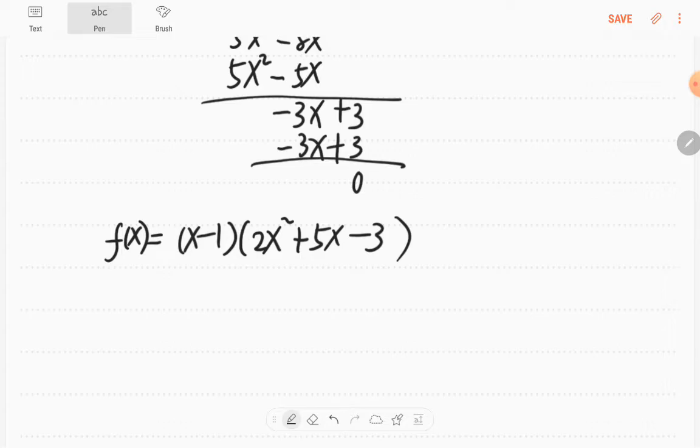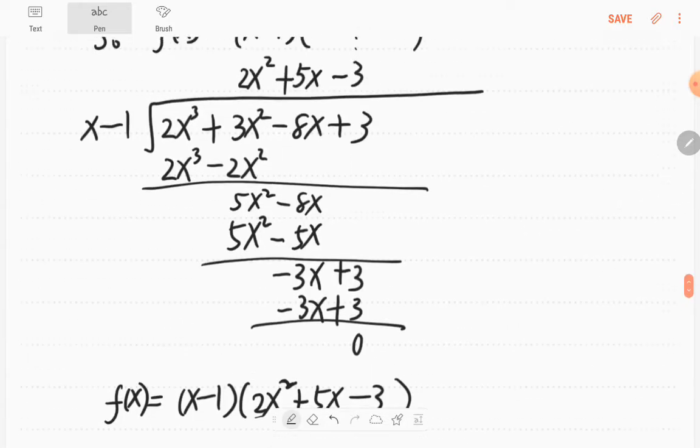So now, this term is a quadratic form, right? Of course, you can try to find the rational zeros first, right? You need the factors of negative 3 divided by the factors of 2. The negative 3 has the factors plus minus 1, plus minus 3. Then the 2 has the factors plus minus 1, plus minus 2. Then you take the division. Then you test, right? Continue using the same way.